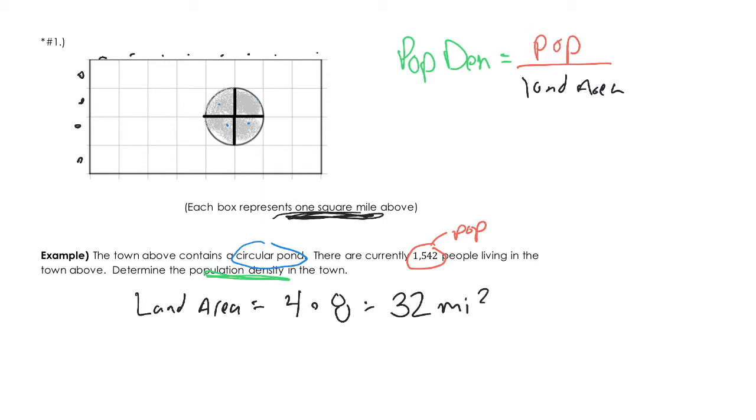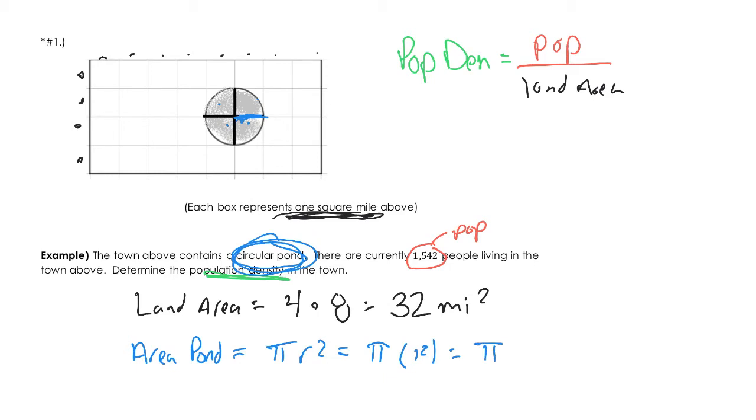However, there is a circular pond. So we've got to figure out the area of the pond. All right, so that's a radius of 1. So the area of a circle is pi radius squared. And the radius is 1. And 1 squared is just 1. 1 times pi is just pi.